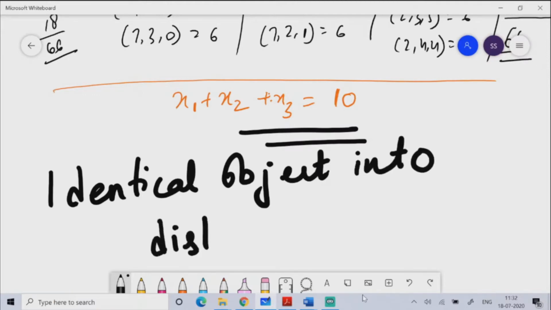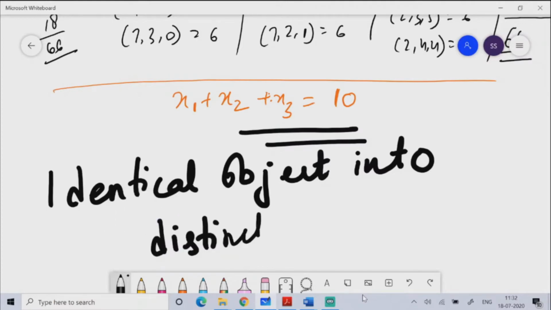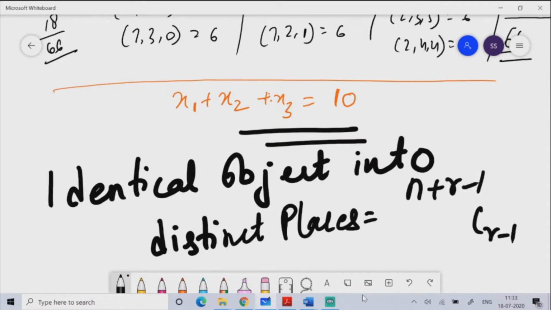If you apply the distribution of identical objects into distinct places, the direct formula is n plus r minus 1 C r minus 1. So here, what is n?